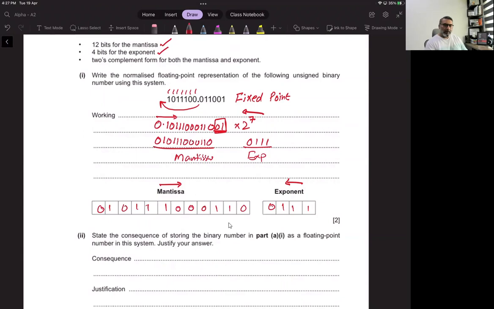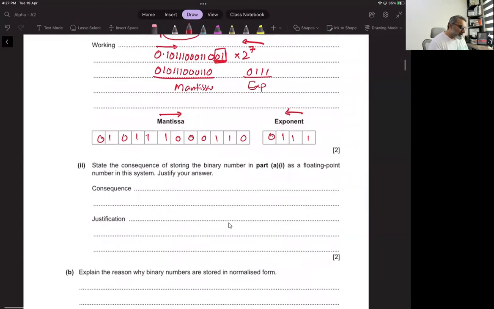Now, state the consequence of storing the binary number in part A1 as floating point number in this system. Justify your answer. The precision, which is accuracy, has been compromised. It is reduced because of the less number of bits in mantissa.